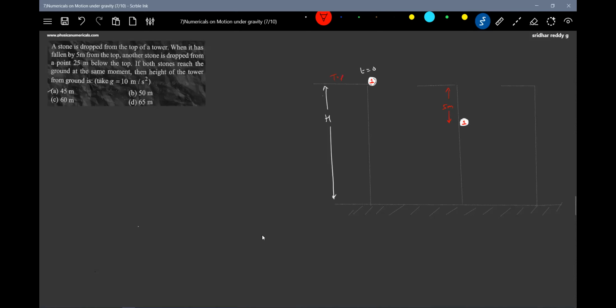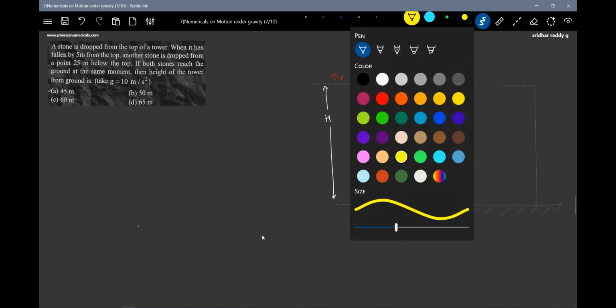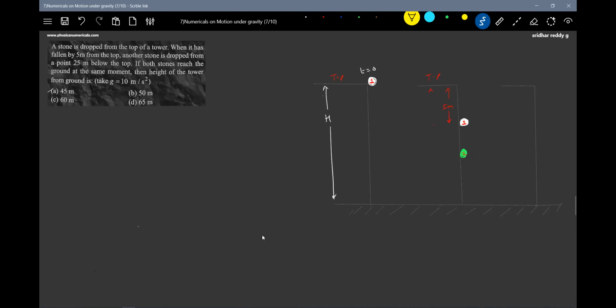This is called the top. This is released from rest here, and this is also released from rest.